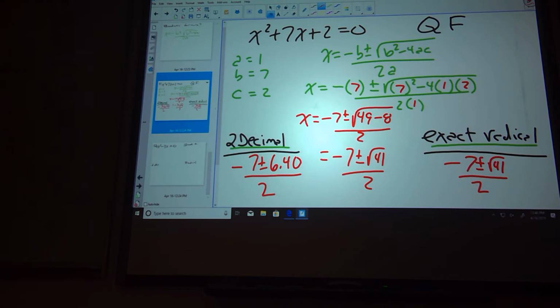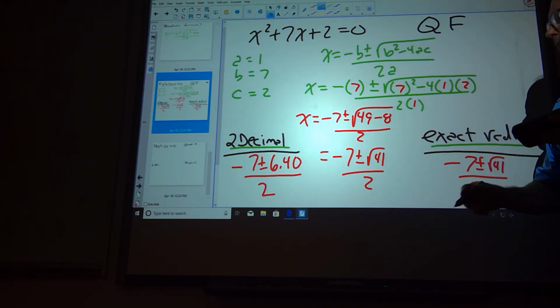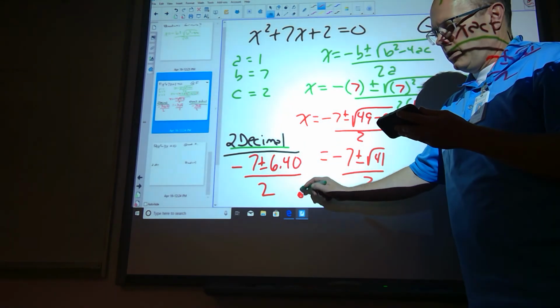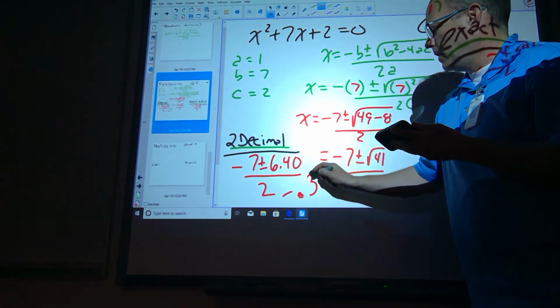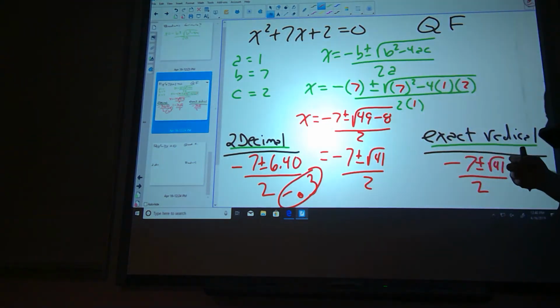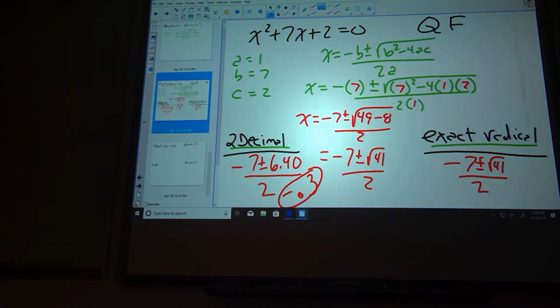This is 41. So you get this for one answer, negative 0.3, and this for your other answer.